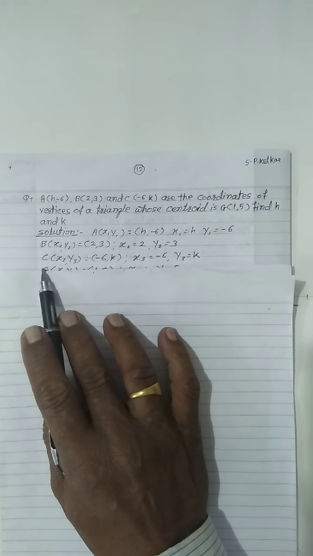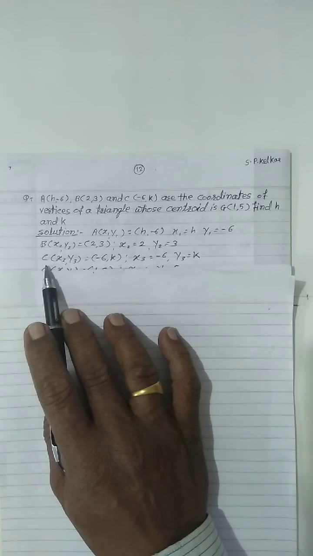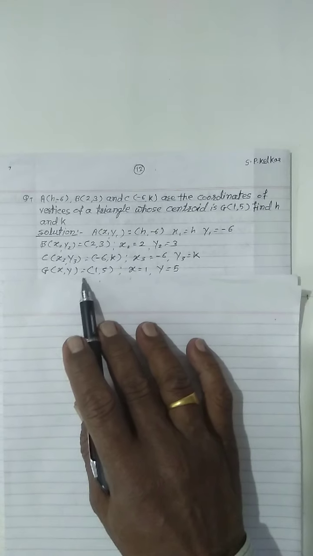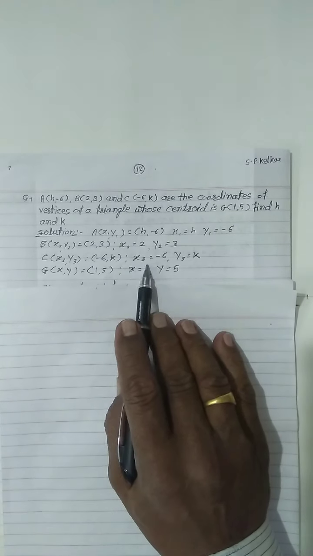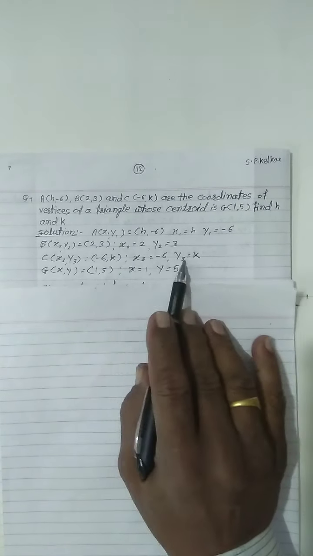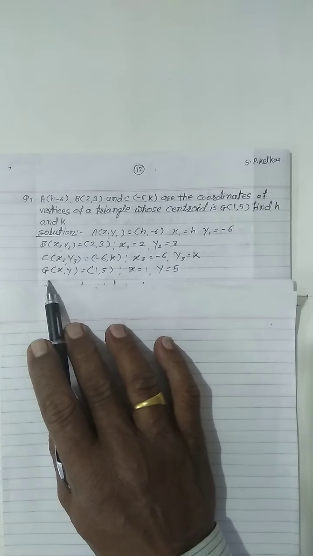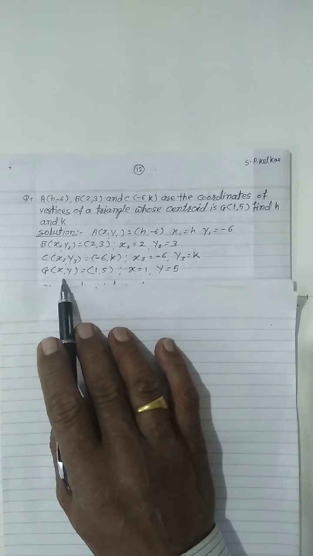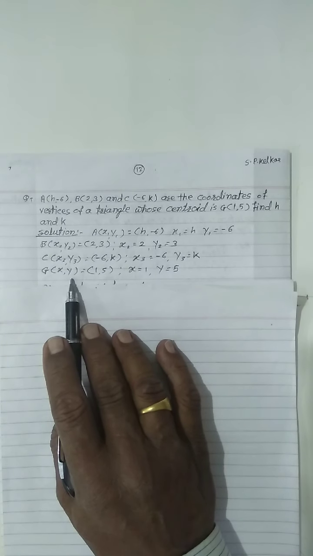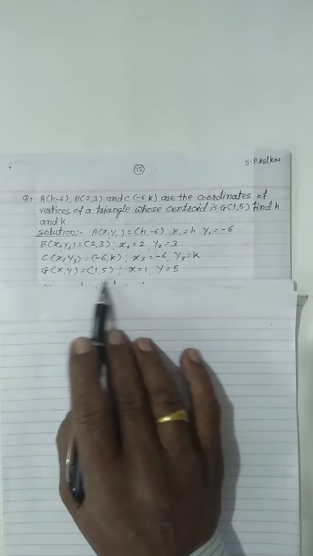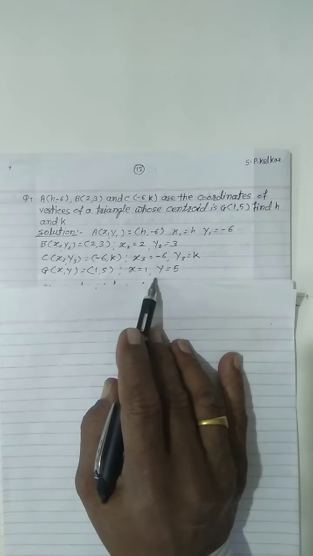Then see the third vertex C, its coordinates (x3, y3), means the value of x3 is -6 and y3 is k. And the centroid, its coordinates are (x, y), the value of x is 1 and y is 5.